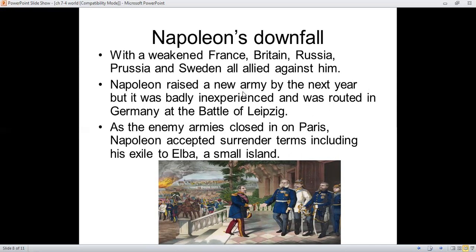As a result, Napoleon accepted the surrender, and he had to accept some terms. These terms included that he was going to get exiled to a small island known as Elba. Exile means being kicked out of the country. So he had to leave France, and he would not come back again.